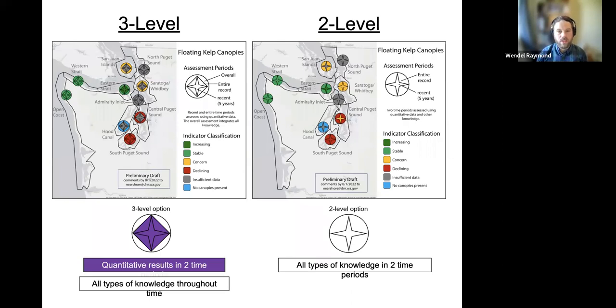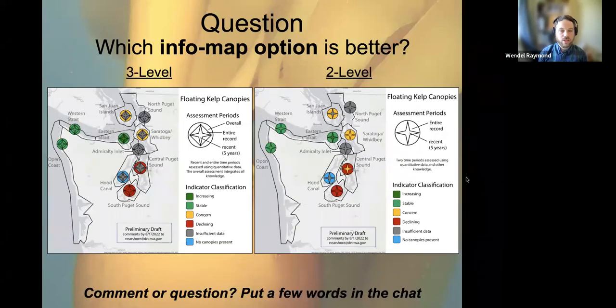So we will continue a lot of this discussion, I'm betting, in the breakout groups. But next slide. Right now, we'd like to get just your initial gut reaction impressions on which version you like more, the 3-level, the 2-level, or you don't know yet. And again, if you have any comments or questions, feel free to put some in the chat. We know that you may have a lot of questions about all the details at this point, which is great, but we want that initial feeling.